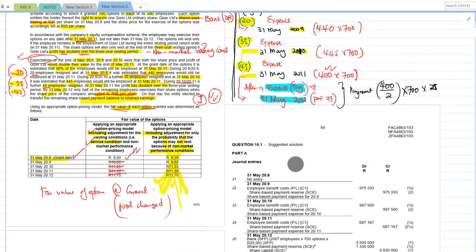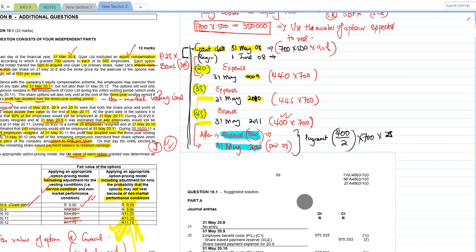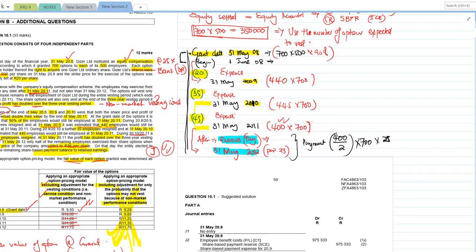So if I come back to here now, I've done calculations of my employees and stuff like that. I now multiply at grant date by 950. And then I have at the beginning of the year because it moved from here to here, right? But remember, there's no period yet, so it's times 0/3. Even at the beginning of the first year there's no year, so the weighting is not there yet.